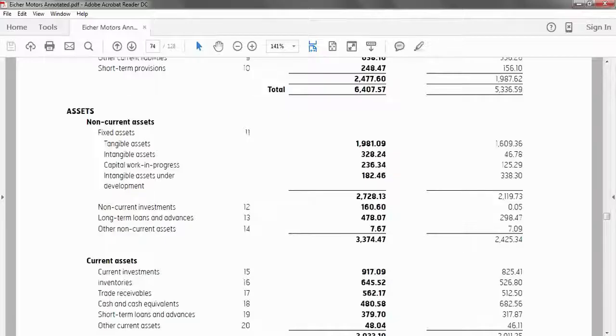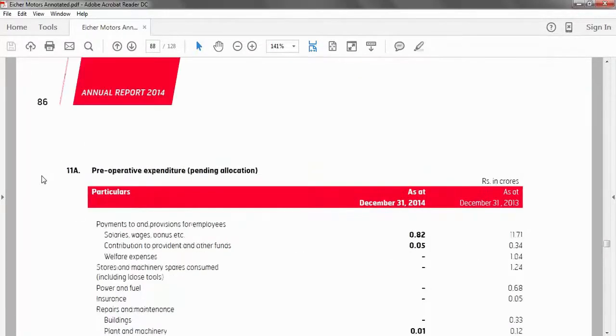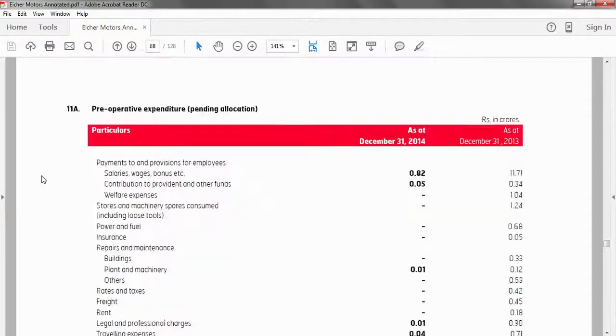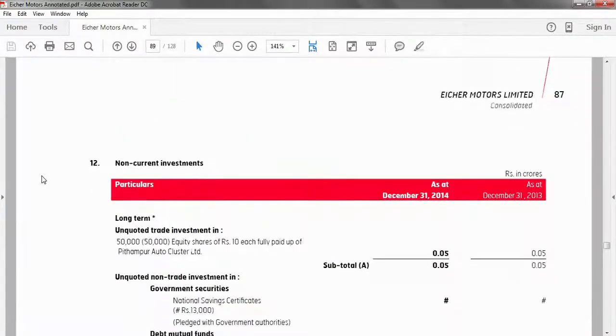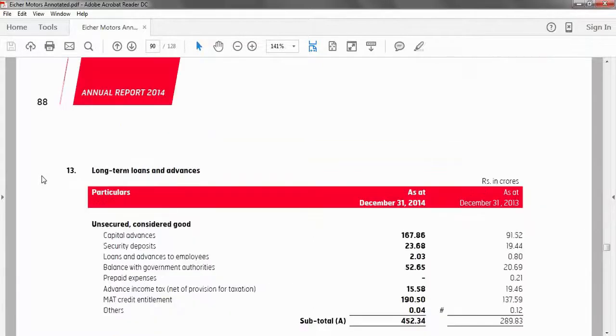Let's look at the balance sheet and let's go to the notes. So let's talk about note 12 onwards. Note 12 talks about non-current investments. They would have investments in certain companies that would come here. Then you have long-term loans and advances, which cover any capital advances, security deposits, loans and advances to employees, etc. Balance with the government authorities that you've already paid is there.